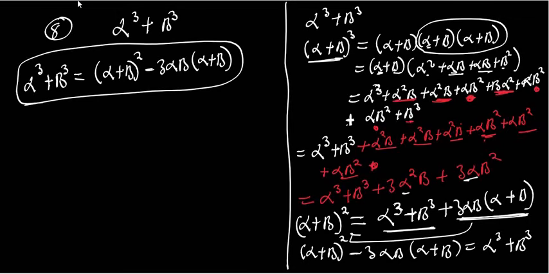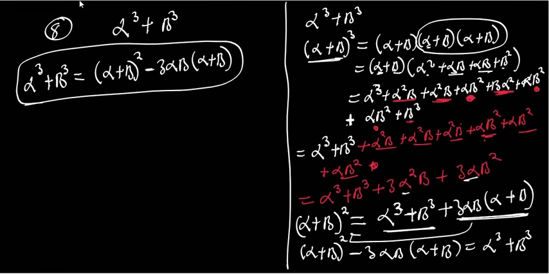Okay, now let's also go to another identity that is interesting. Remember that we're in 8, so let's go to 9. On 9, the identity that is also interesting is this one. It's what we call alpha cubed minus beta cubed.